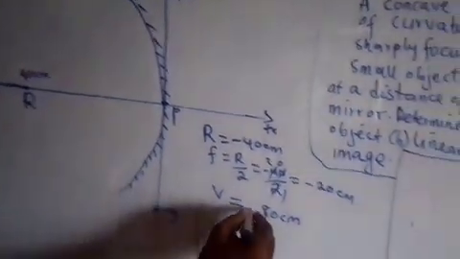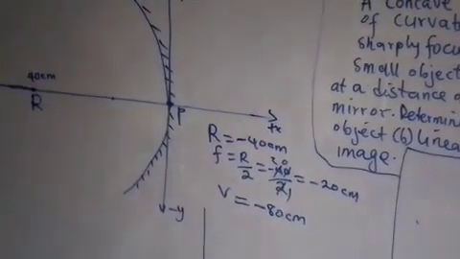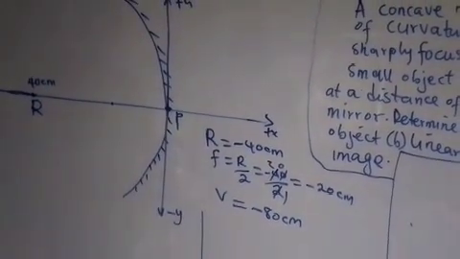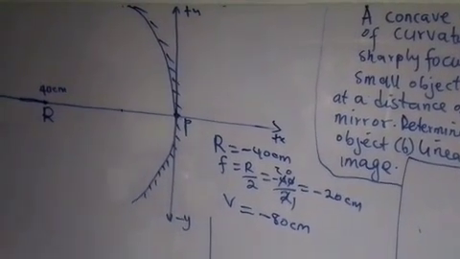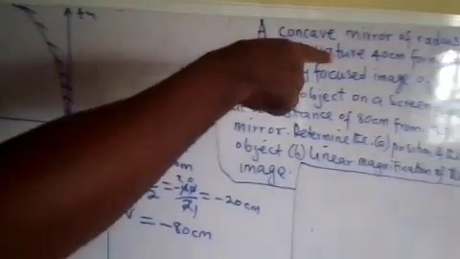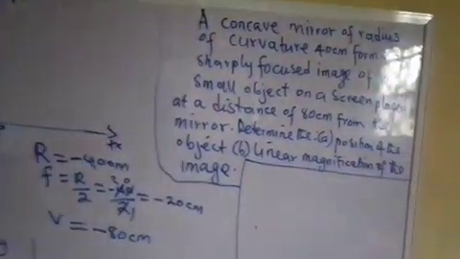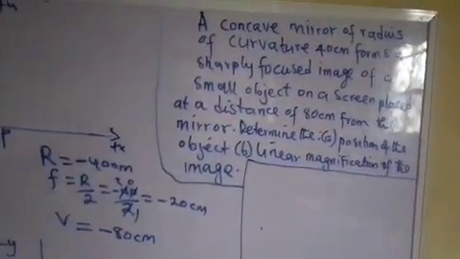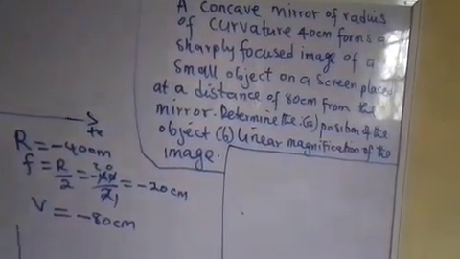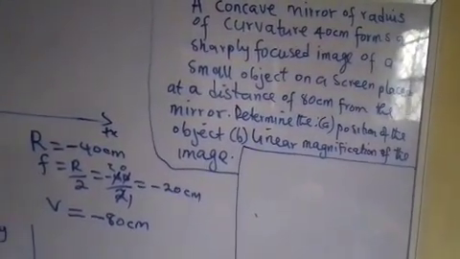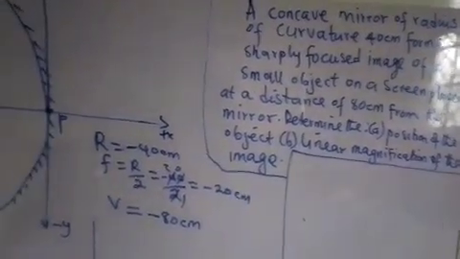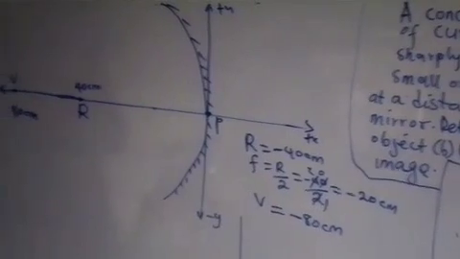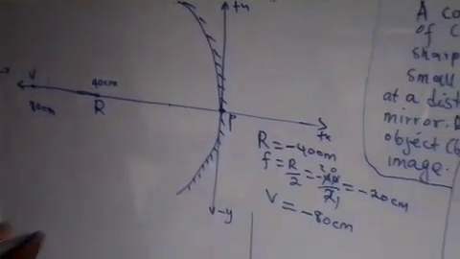So I will put this minus because it is actually formed in front of the mirror. And again, the question said the image was formed on the screen. Images formed on the screen are real. Had it not been formed on the screen, it would have been virtual behind the mirror. For it to be formed on the screen means it was formed in front of the mirror. Okay, that's very, very key to us solving this problem.